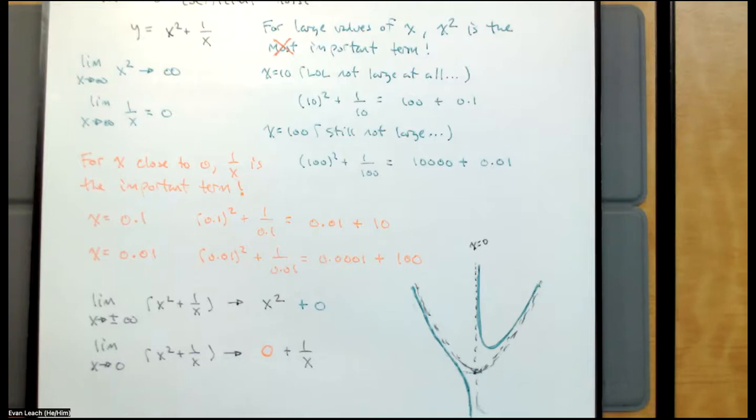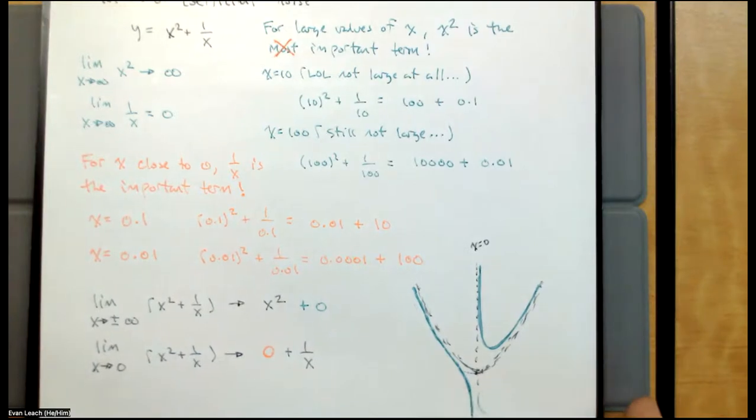It would depend on the values here, because what we're doing is we're taking this, the dotted line, the parabola, that's x squared, and then we're adding something to it. That's why we see the graph of x squared plus 1 over x above, because we're adding something to it. Because 1 over x will be positive on this side of 0 when x is positive. And that's why I drew it underneath the parabola when x is negative, because the 1 over x will also be negative, and so we're subtracting from the parabola.